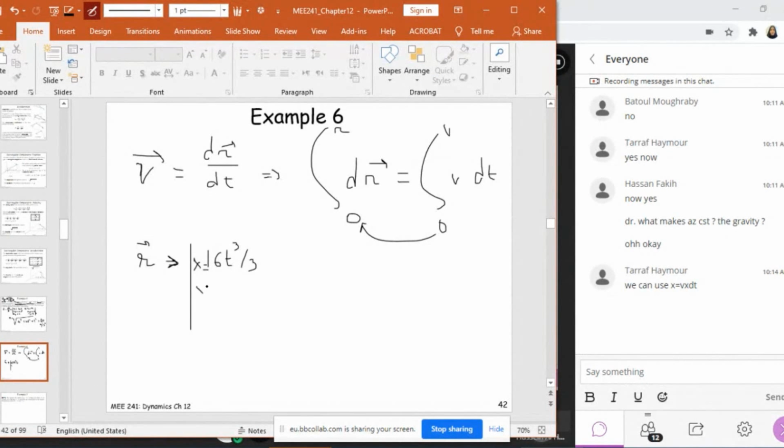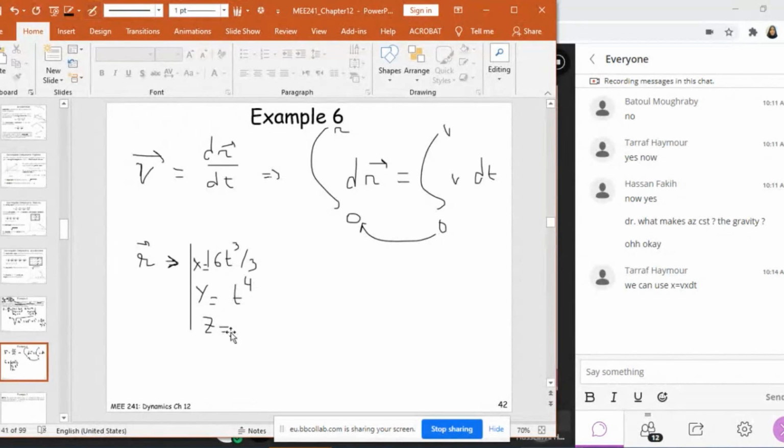And now what is y? y is the integration of vy, and I know that vy is 4t cubed, so the integration gives 4t to the fourth over 4, which is t to the fourth. So this is t to the fourth.